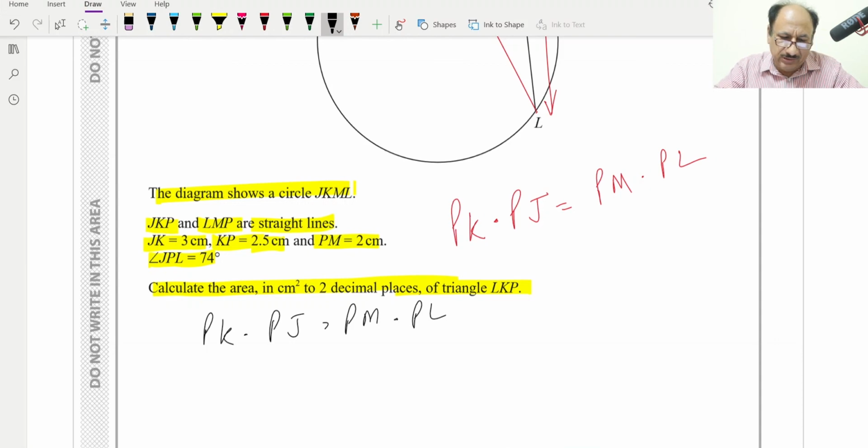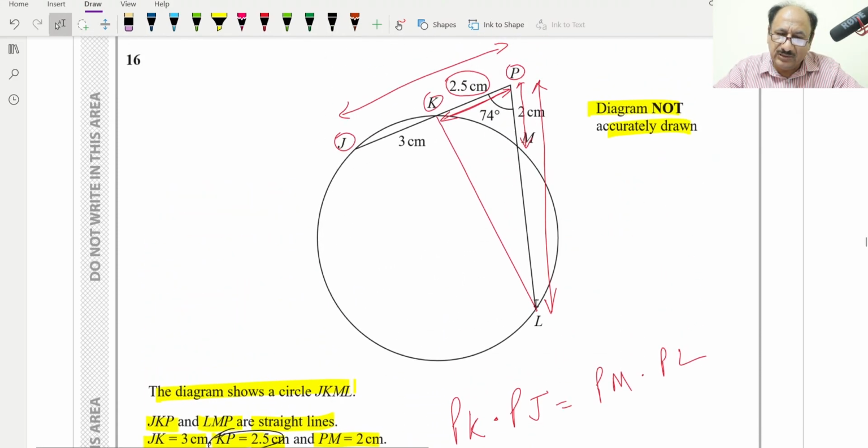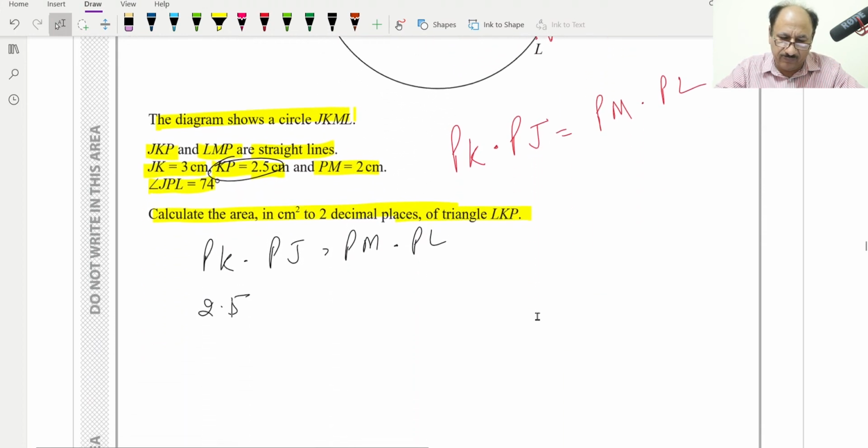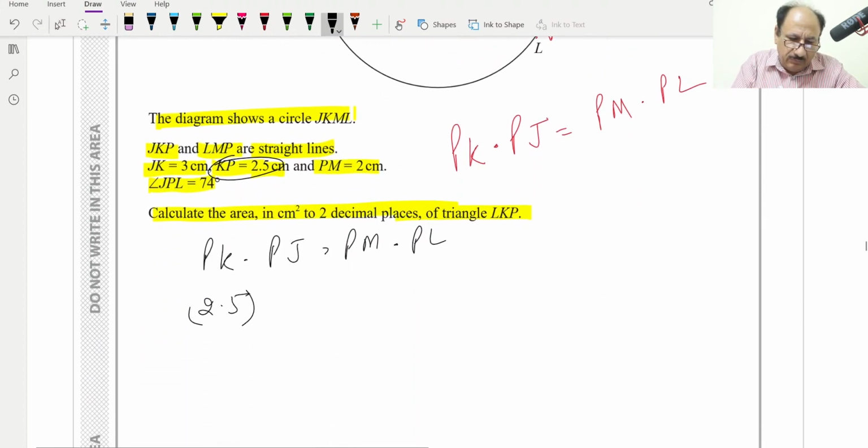PK is given, which is 2.5, so I will write 2.5, and PJ is 3 plus 2.5, so 5.5. So this will be multiplied by 5.5, and this is equal to PM, and PM is given as 2 centimeters, so we'll write 2PL. So this is how we can calculate PL.